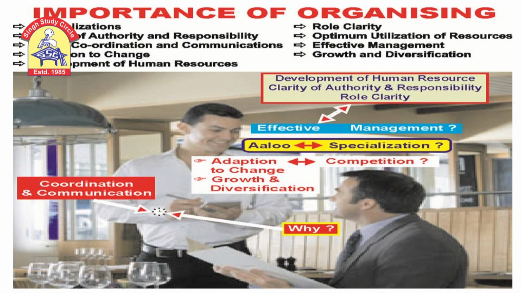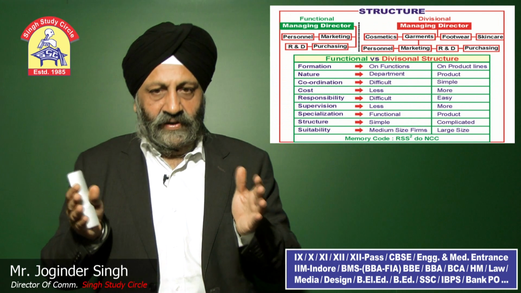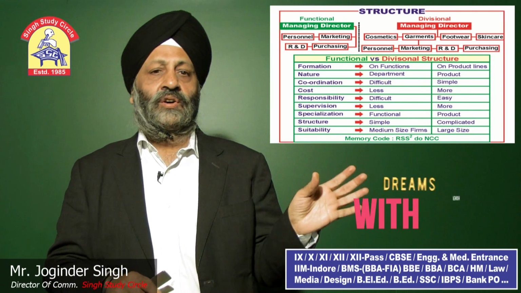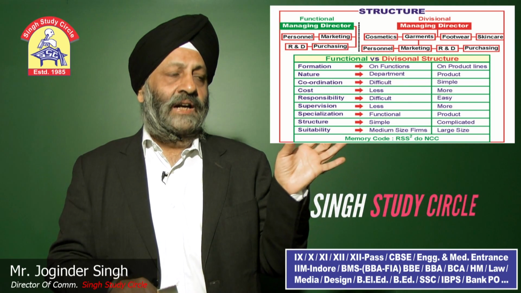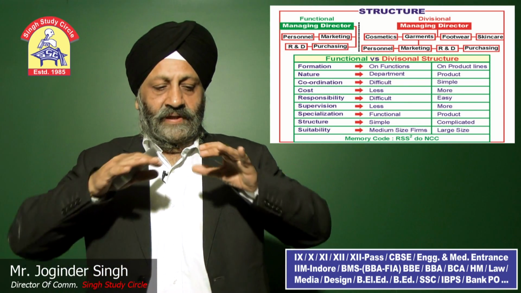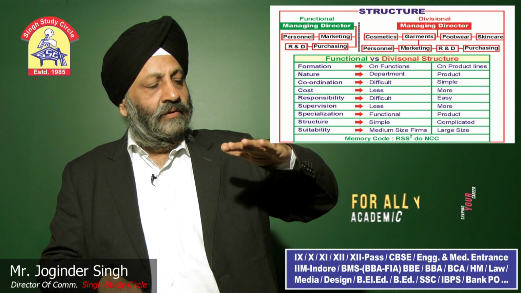Now we are coming to the structure. An organization has two types of structures. One is functional structure and the other is divisional structure. Do you know the difference between divisional structure and functional structure? Functional structure suits an organization which is selling the same type of product. For example, Tata, before doing anything else, was only selling vehicles.